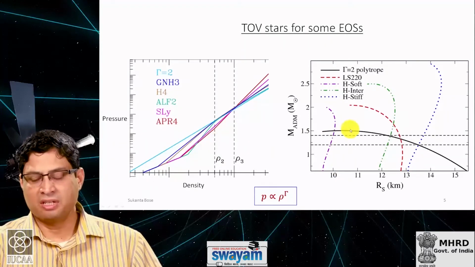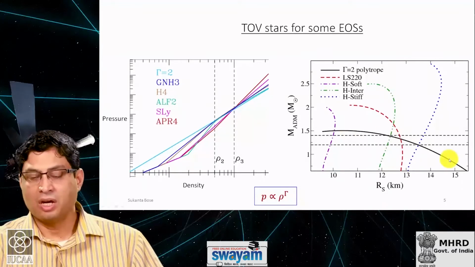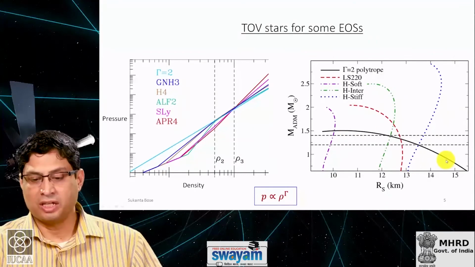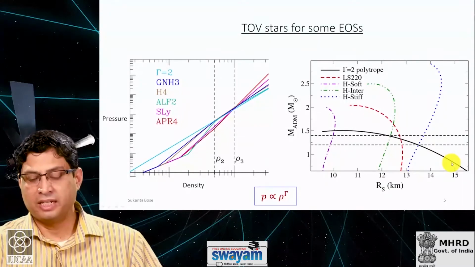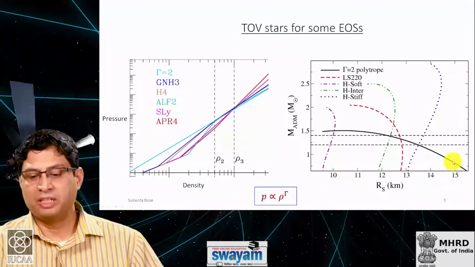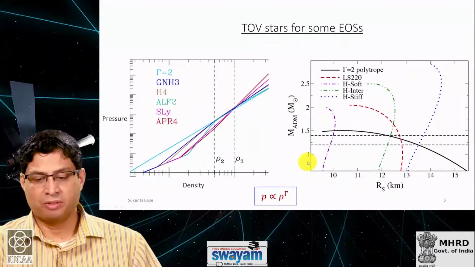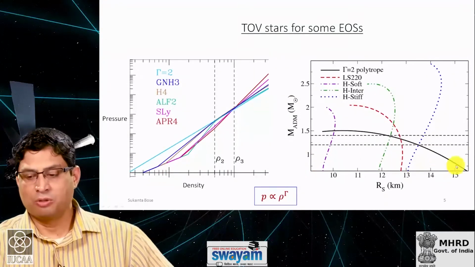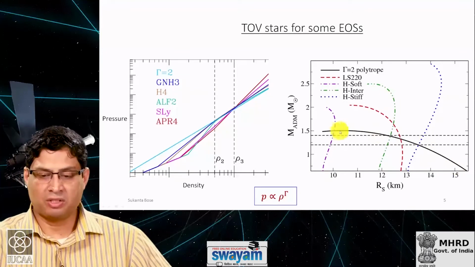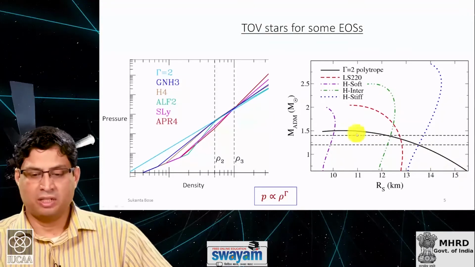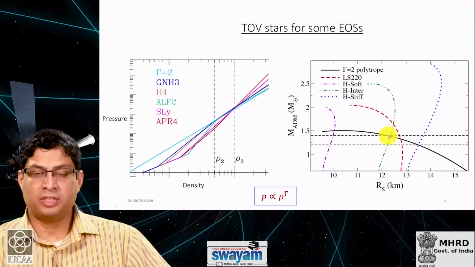Choose a different central density, for example a much smaller central density, and you will get a radius that is like 15 kilometers and with a mass of lower than 1 solar mass. So, you choose different central densities to build up stars, all stable stars here, with different masses and radii.